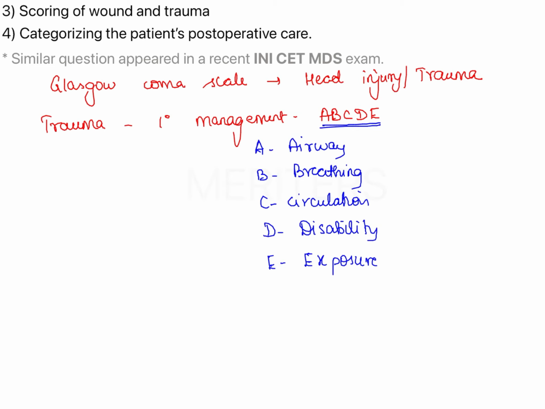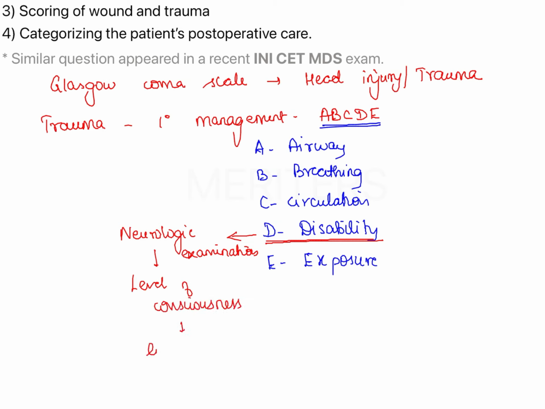Out of this, the most important one is disability, because this disability evaluation includes the neurologic examination, that is, to assess the level of consciousness, and this can be done with the help of Glasgow Coma Scale.